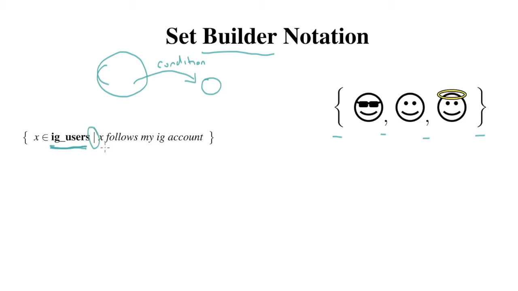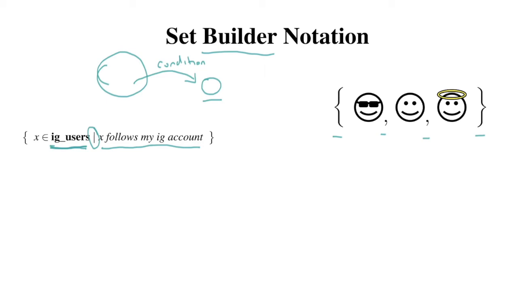And then on the right of the vertical line, we write the condition which allows entry into our new set. So the condition on entry into our new set is that X follows my Instagram account. The whole thing should be read as: this is the set of X in Instagram users such that, the vertical line meaning such that, X follows my Instagram account.